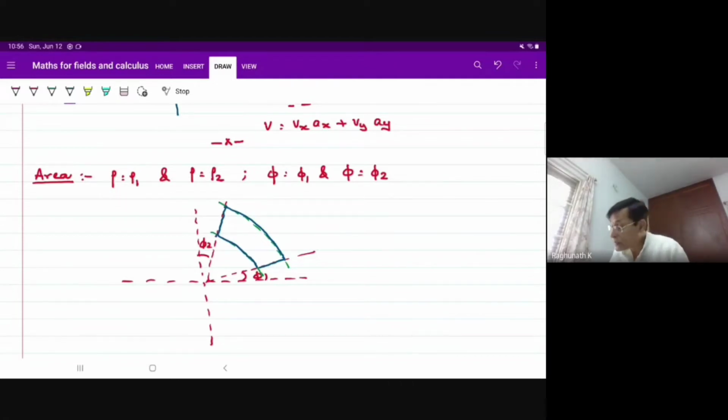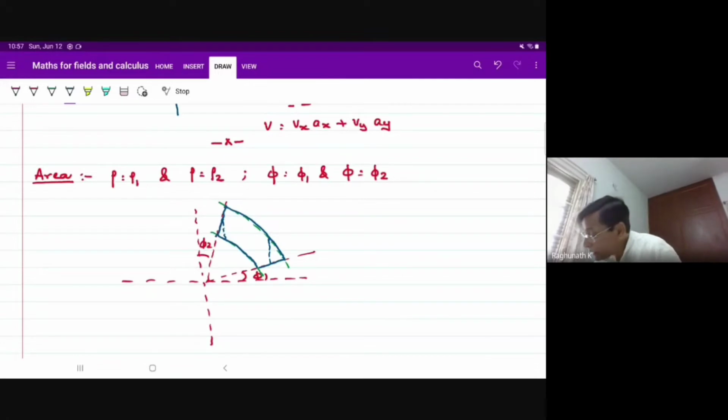Because the vertical strip here will end on this radial line, and the vertical strip here will end on the circle from the radial line. It is not possible for us to talk about the limits. In Cartesian coordinates, we cannot do this problem, even though phi 1, phi 2 are defined.